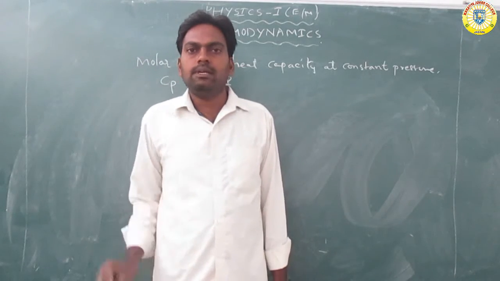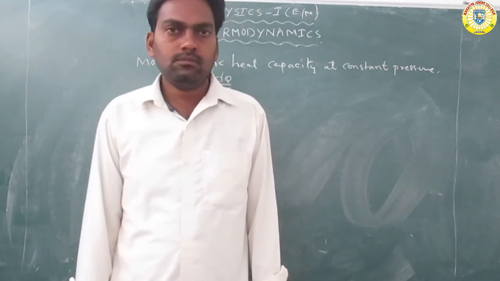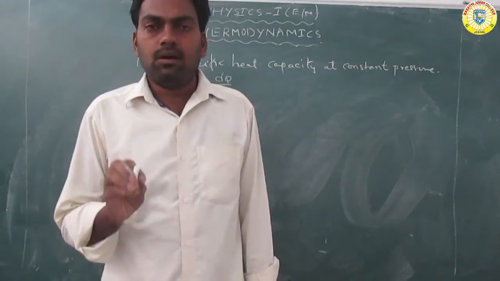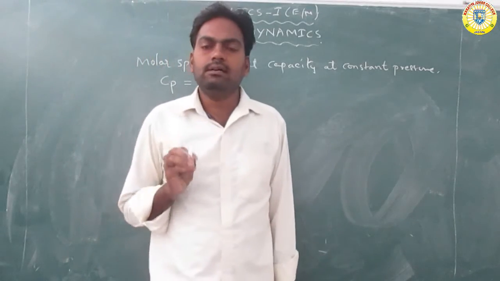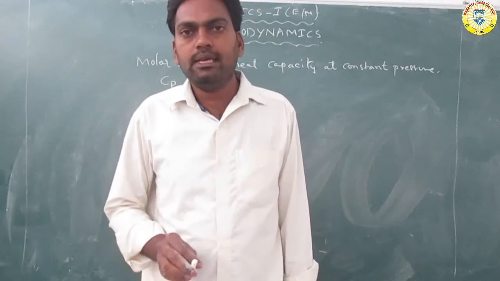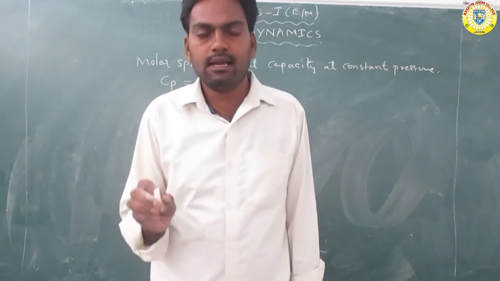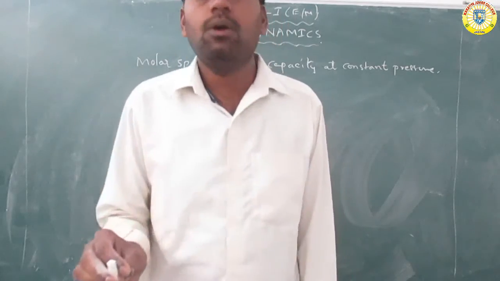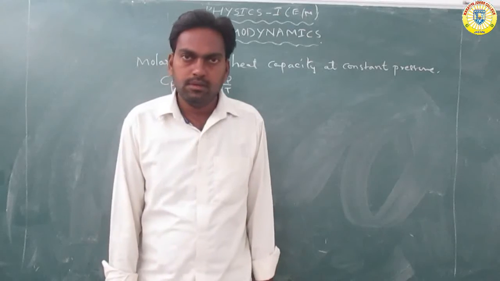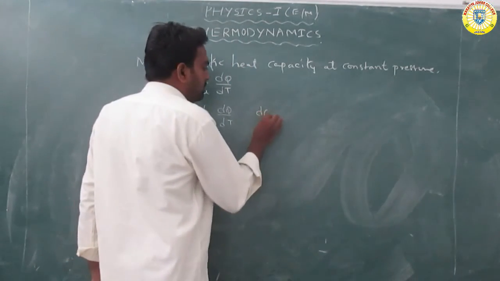The heat given to the system causes no expansion of the body, so there is an increase of internal energy only, meaning only the temperature is increasing. So dq is equal only to du, and no work is done by the system. At constant volume, the heat given to the system is used only for increasing the internal energy. That means dq is equal to only du.